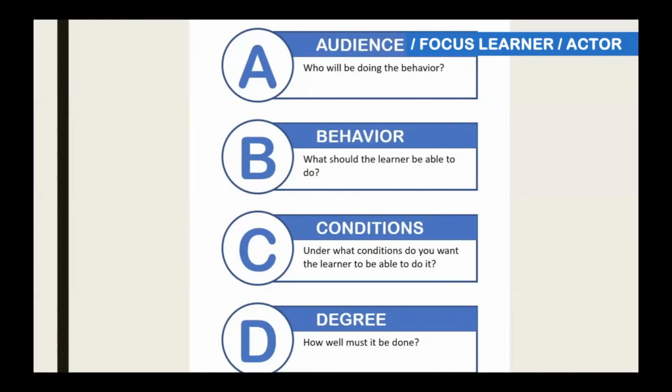We've got to have who's going to be doing that behavior a couple of weeks from now, what the student is going to do, that observable, measurable behavior, the target behavior for our behavioral objective. And under what circumstances will the student be showing this behavior? And how much of it, to what degree, to what level will it be done?